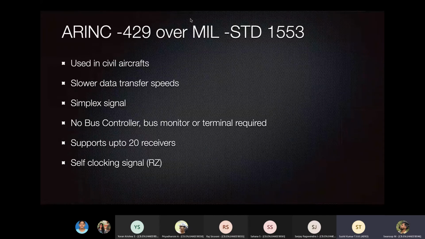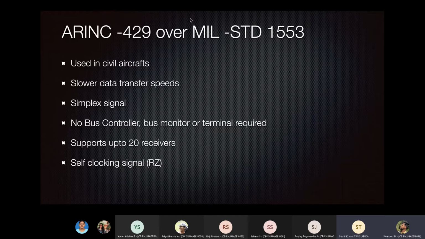ARINC was designed for use in civil aircraft, whereas 1553 was a military standard. Even though a few civil aircraft use the military standard, civil aircraft don't need a standard as complex as 1553, so they went for ARINC 429.